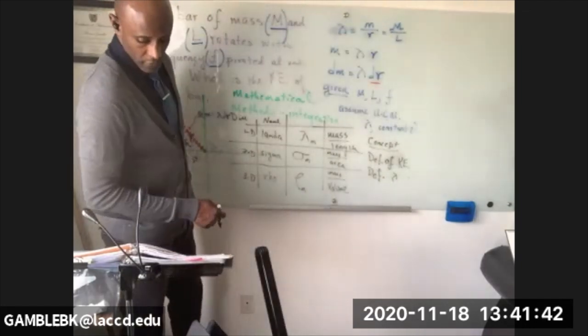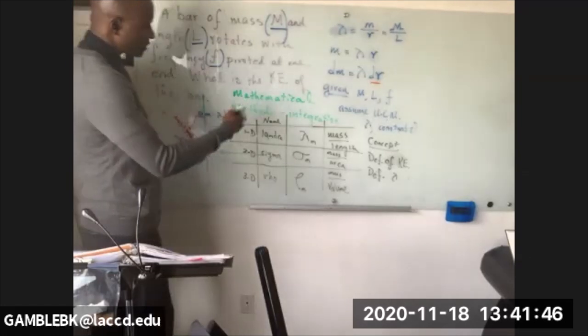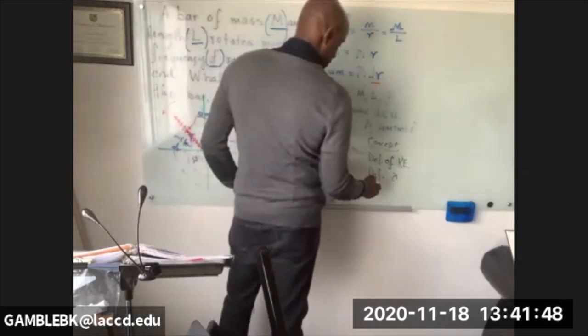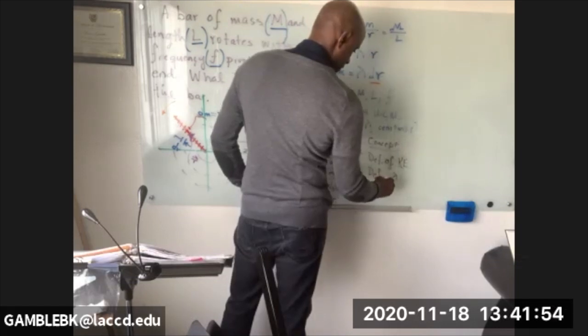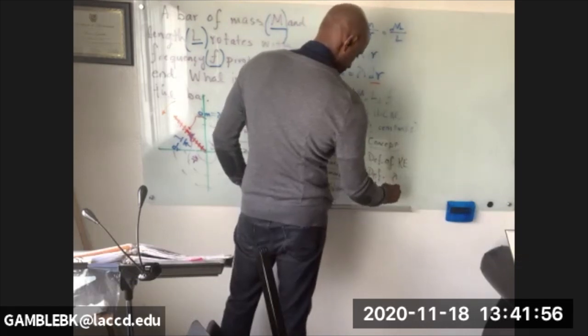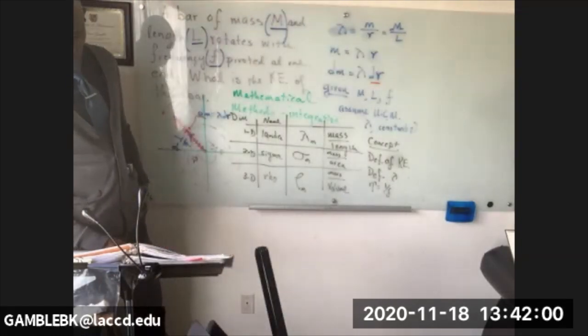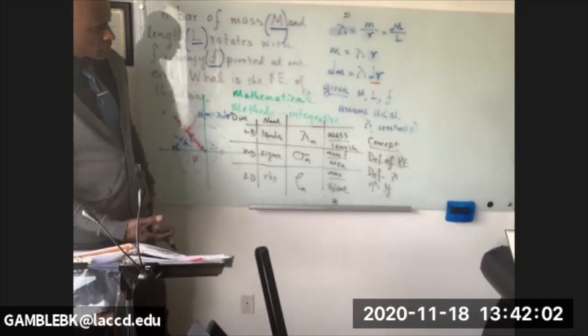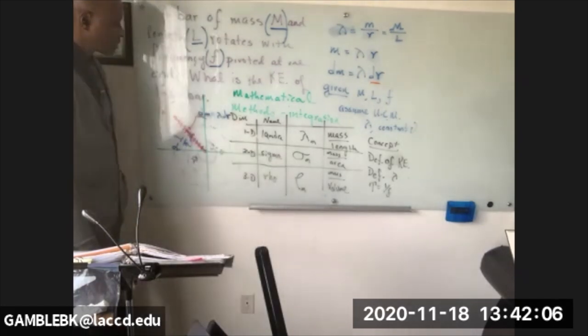What else do we have? I give a frequency, so we have the period-frequency relationship. I just write that as period is equal to the inverse of frequency. And what else? Well, it's velocity.